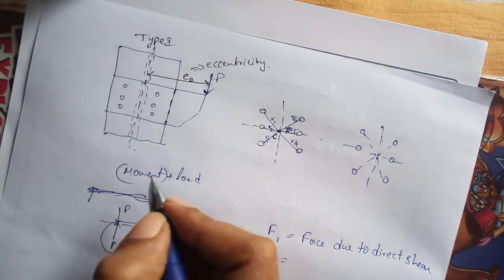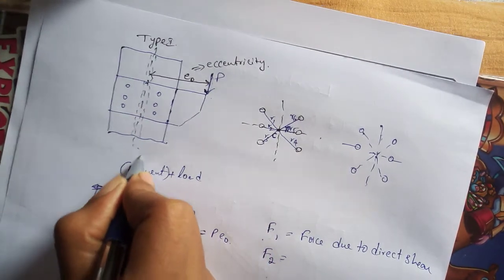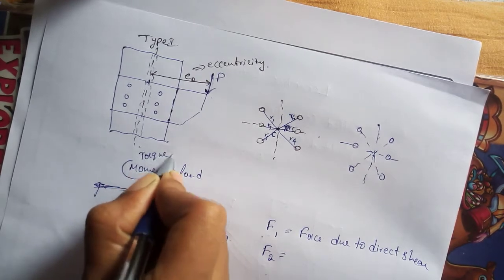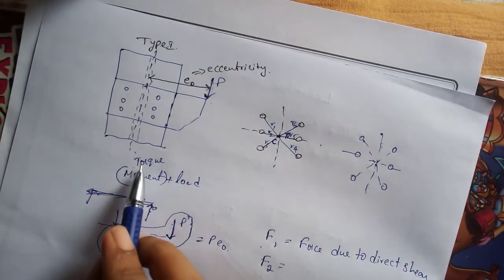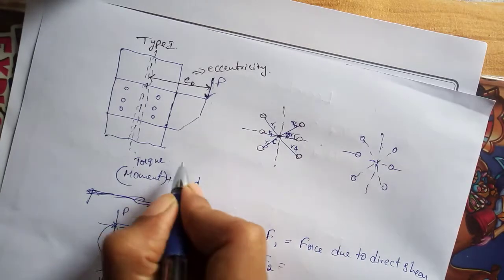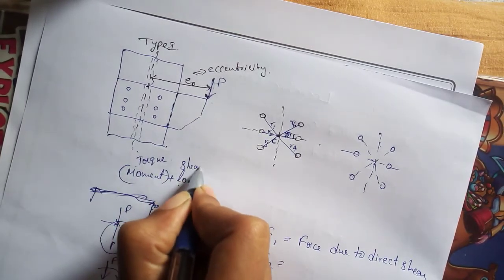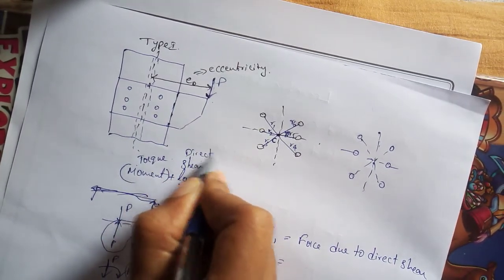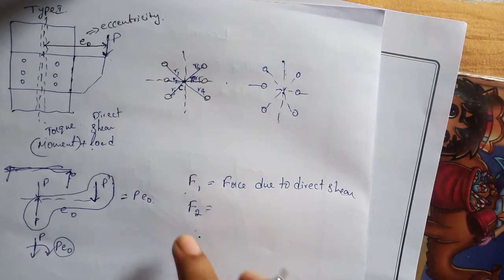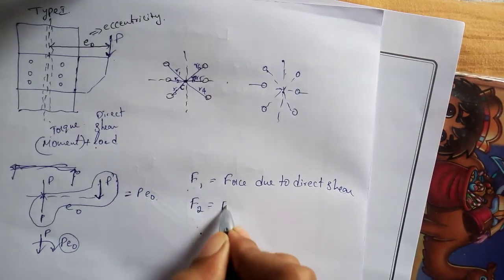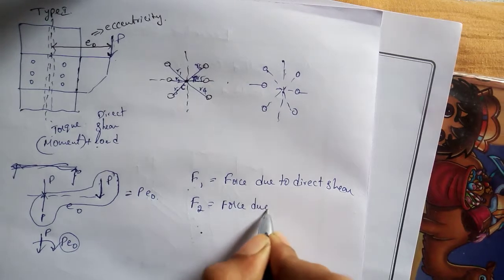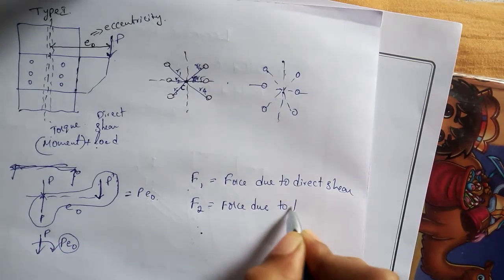Torque is nothing but a circular moment. So here we will be having torque and load. This load is direct shear. Secondly, the F2 force is due to torque.